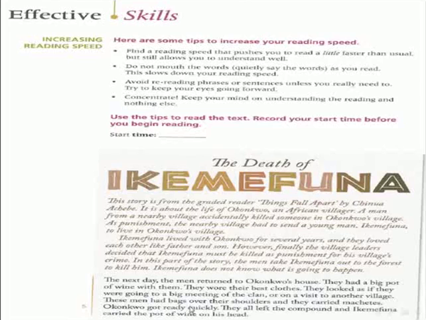These men had bags over their shoulders, and they carried matches and machetes. Okonkwo got ready quickly. They all left the compound, and Ikemefuna carried the pot of wine on his head.